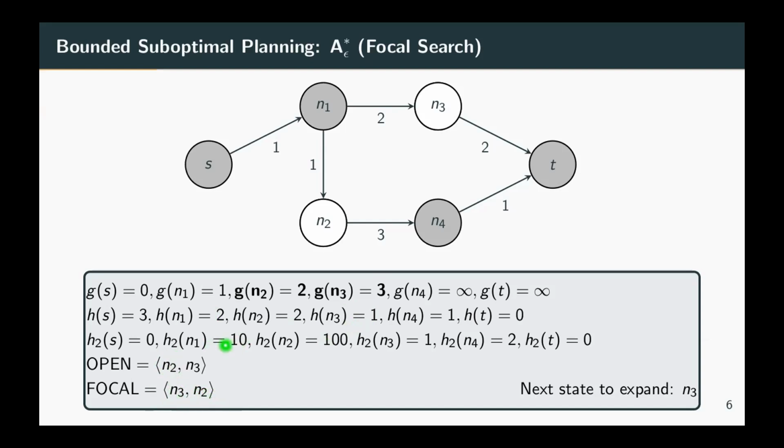And so we have to look here, what does our H2 look like? For N2, it's 100. And for N3, it's just 1. So our heuristic tells you, oh, N3 seems to be much better than N2. Which also means if we look at this ordered queue, N3 now comes definitely before N2 in all cases.